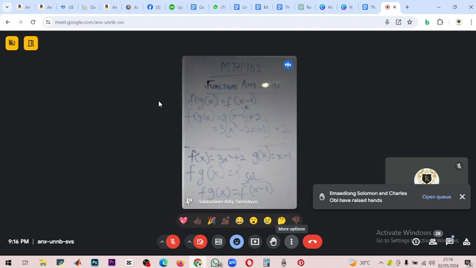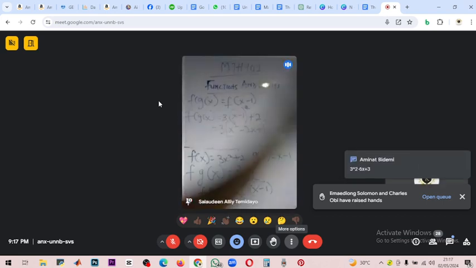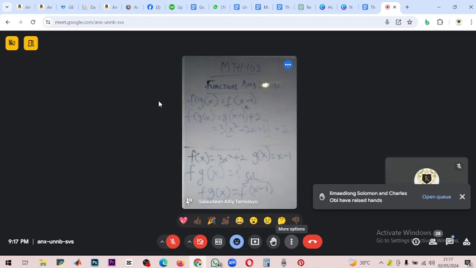That means f of g of x. G of x is another function. G of x is a function. F of x is a function. So taking g of x into f of x means f of g of x becomes a function of another function. So we call it composite function, a function of another function.